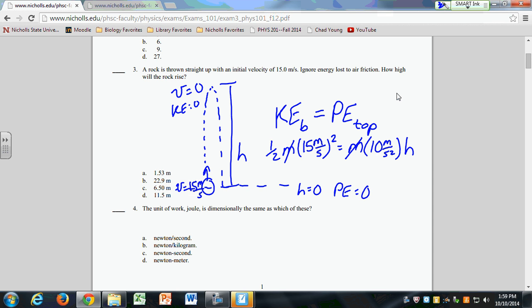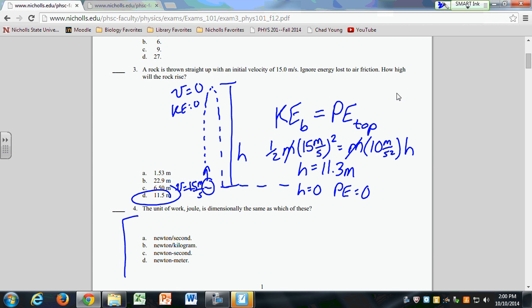Did I do that wrong? 15 squared, half of that. Oh yeah, no, 11.5. I was using 9.8 in this test, so h is 11.5. Actually, this works out to 11.3 with 10, but the right answer is 11.5. If you use 9.8, it comes out 11.5. Okay, that's similar to problems we've already seen.